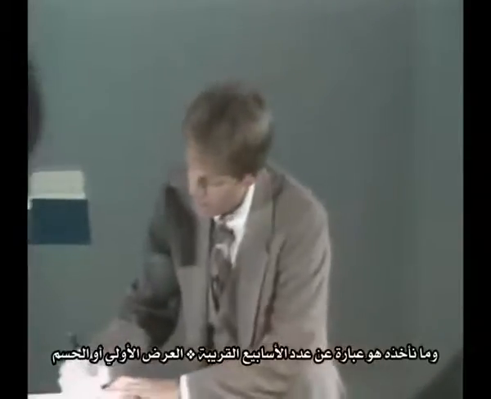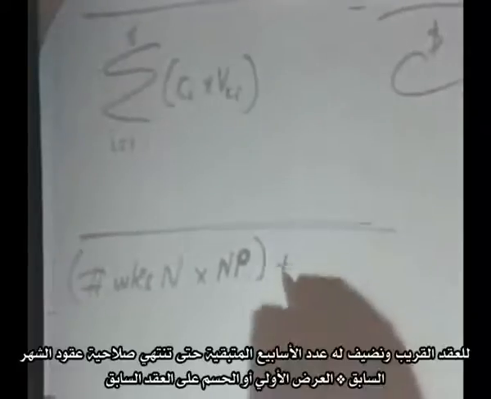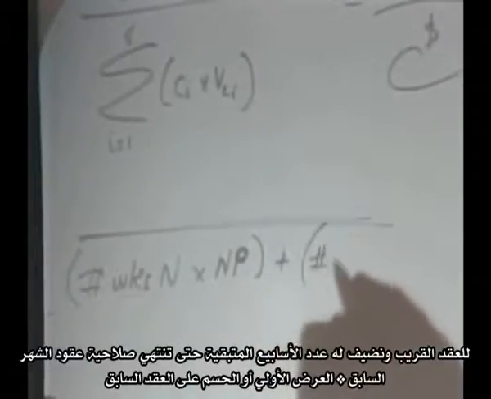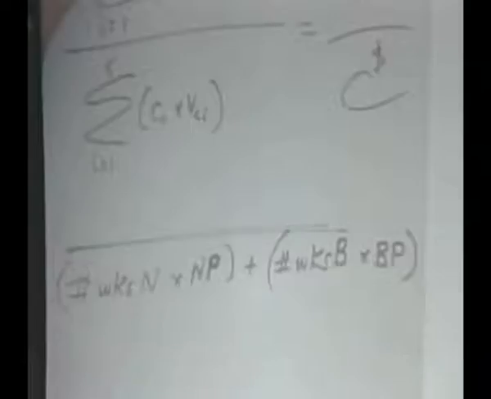What we do is take the number of weeks nearby times the premium or discount, I'm abbreviating here, of the nearby contract, and we add to that the number of weeks left until the back contract expires times the premium or discount on the back contract.